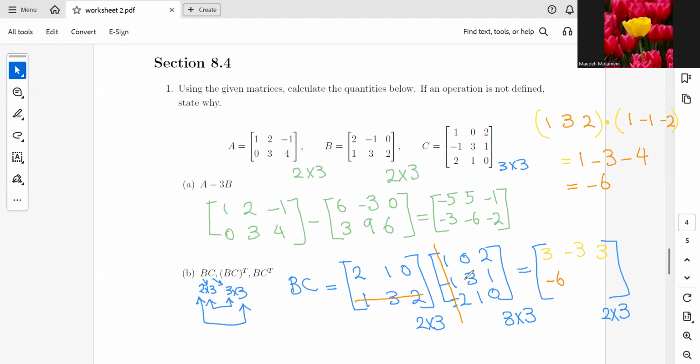And the next one is the second row and the second column. The second column is 0, 3, and 1. So what is the answer?